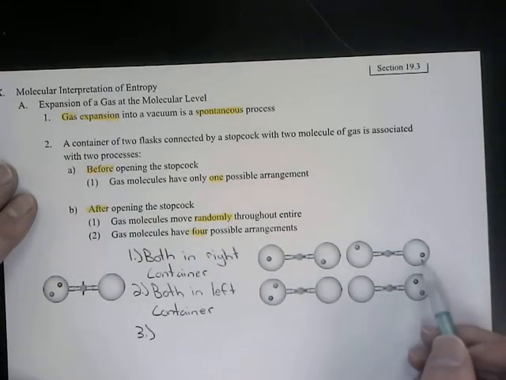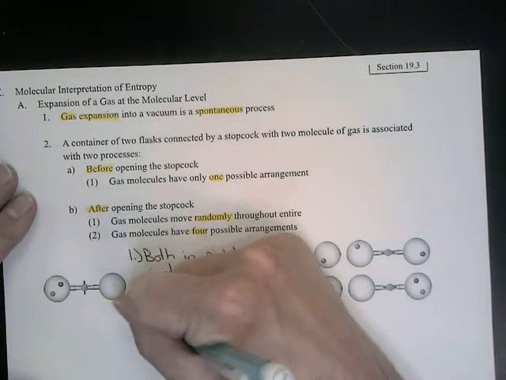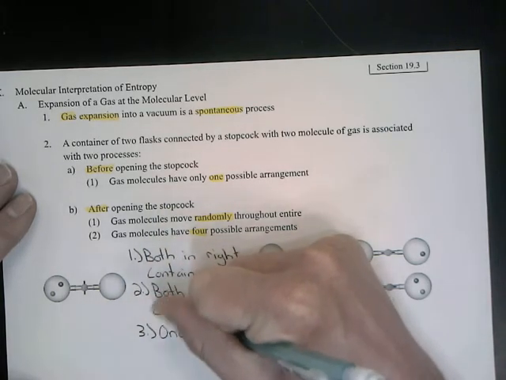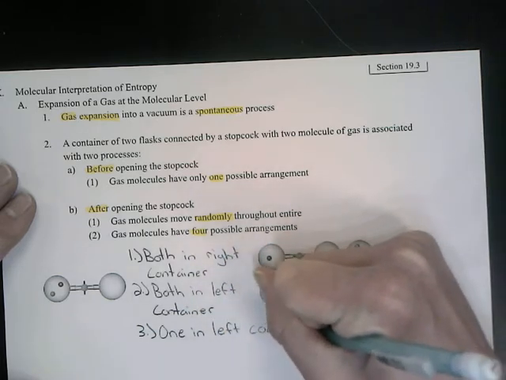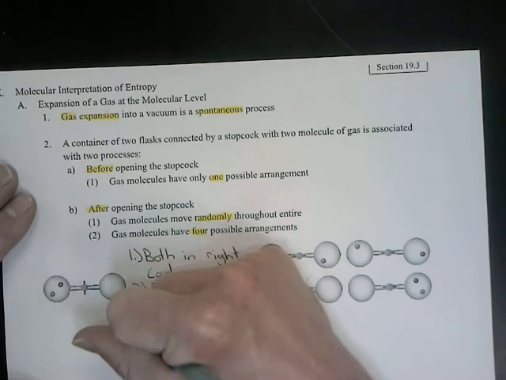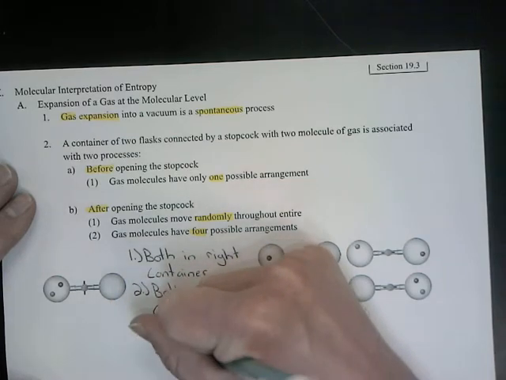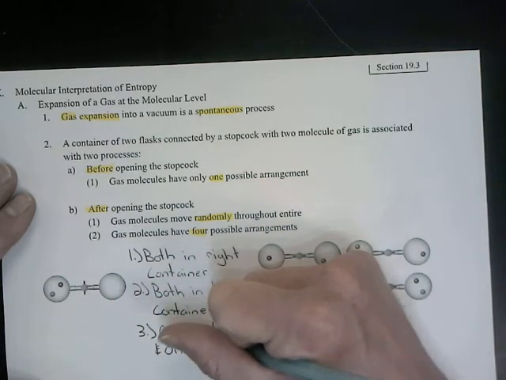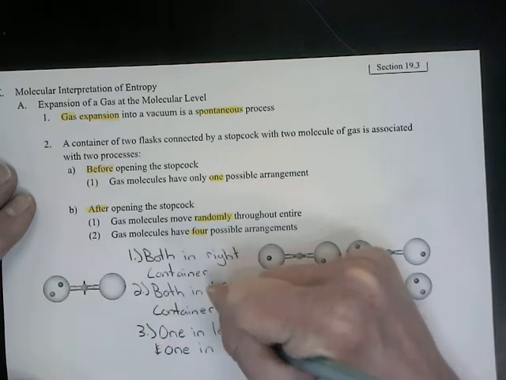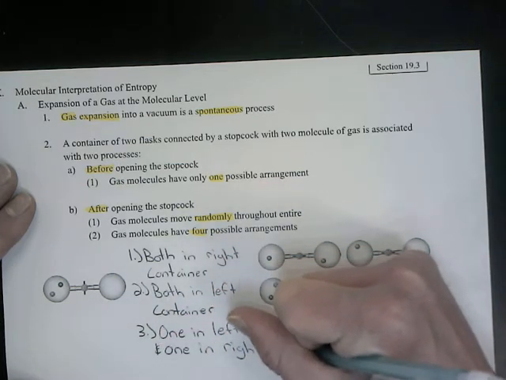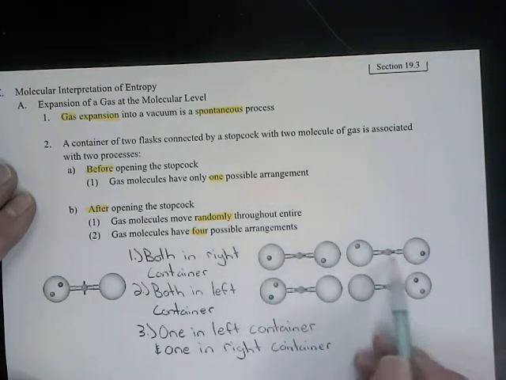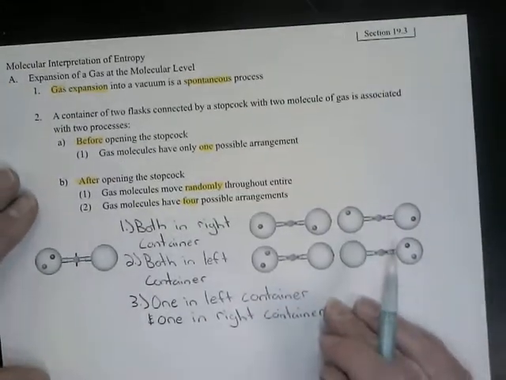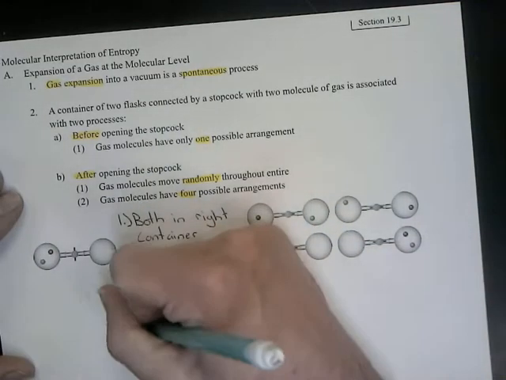Three, one could be in the left, one could be in the right. And then our other possibility is the other, so we're going to flip-flop sides here. It's hard to see in the black and white photo, but I'll say the other in quotation marks.